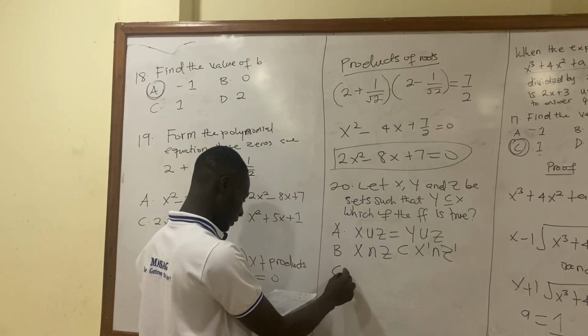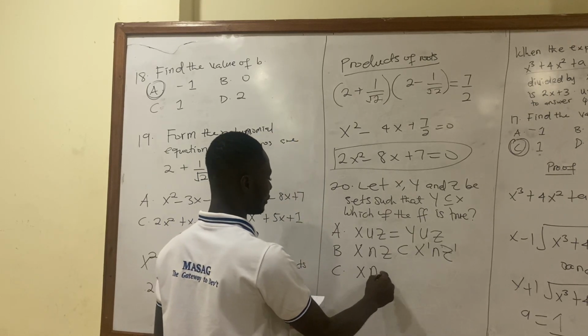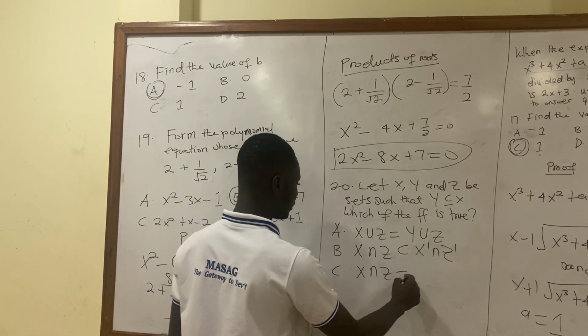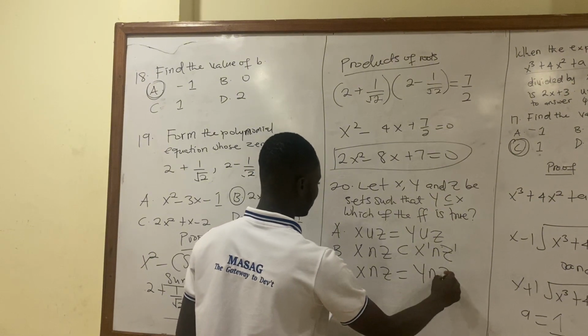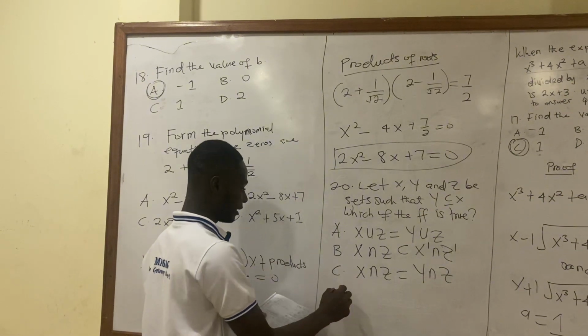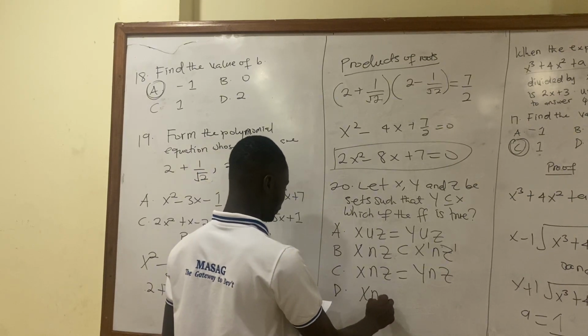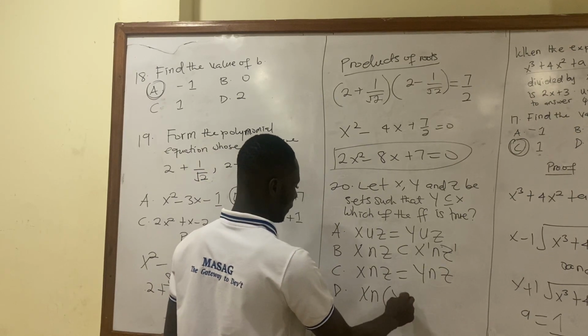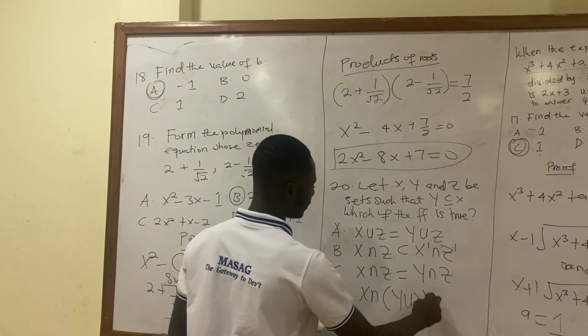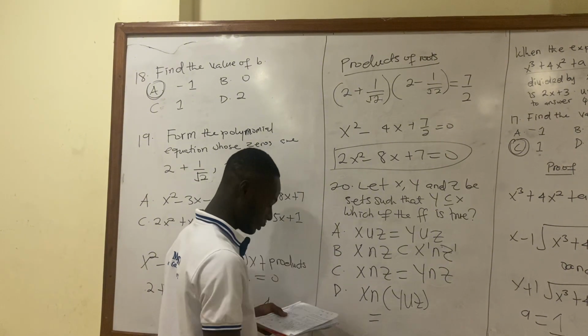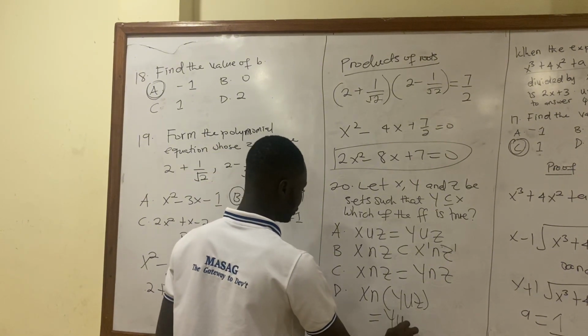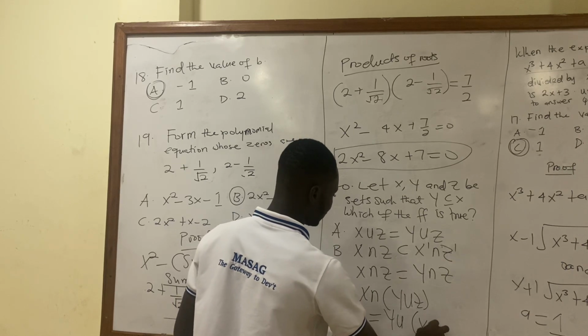And then C, we have X intersection Z is equal to Y intersection Z. And finally, D, X intersection Y union Z should be equal to Y union X intersection Z.